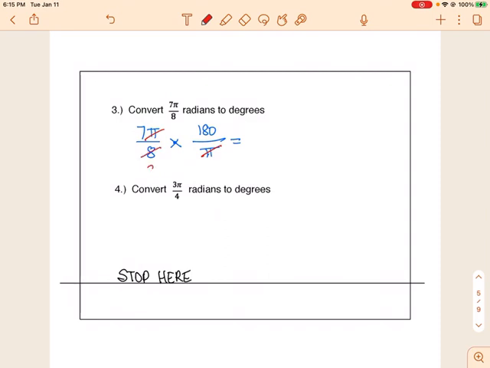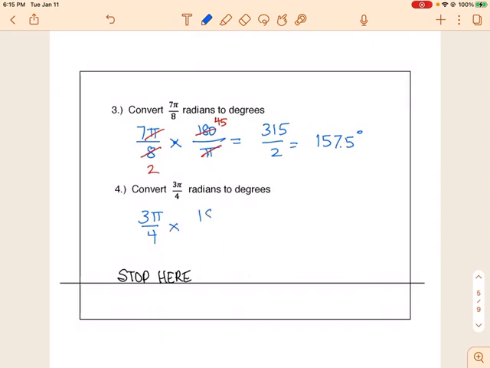And 4 goes into both of these. And 7 times 45 is 315. And divided by 2, you get 157.5 degrees.